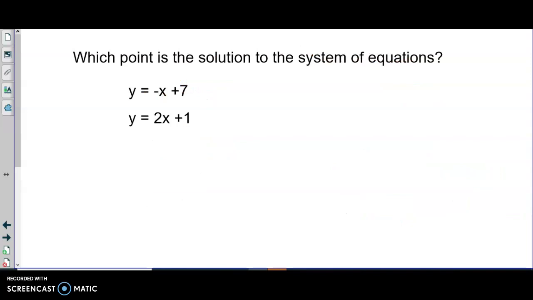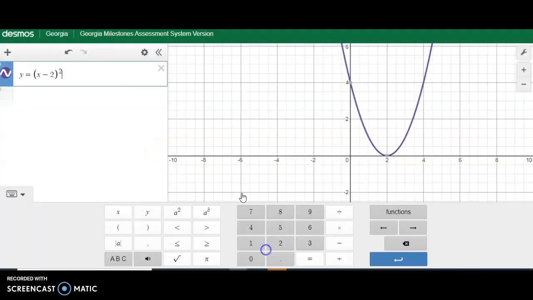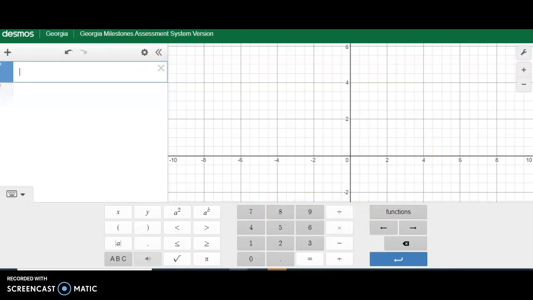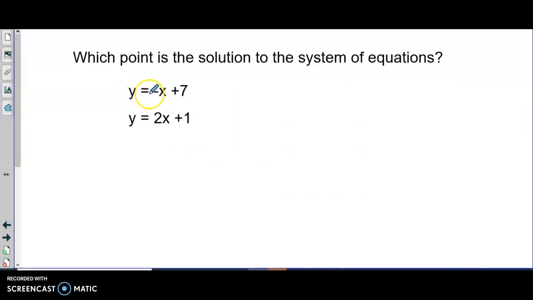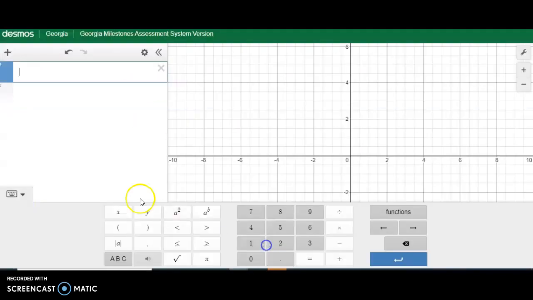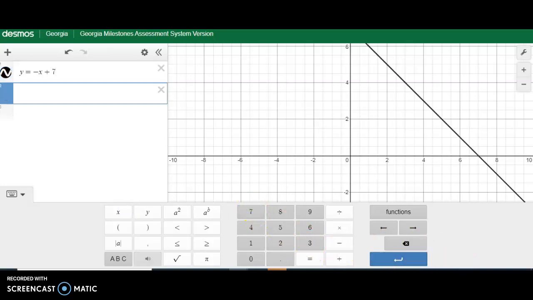Which point is the solution to the system of equations? Now again, you can solve this any way you want, but I like to graph. Graphing is my favorite. I'm very visual. So I'm going to go to Desmos and I'm going to type this in. Y equals -x plus 7. And then I'm either going to hit enter or I'm going to hit this blue arrow button.